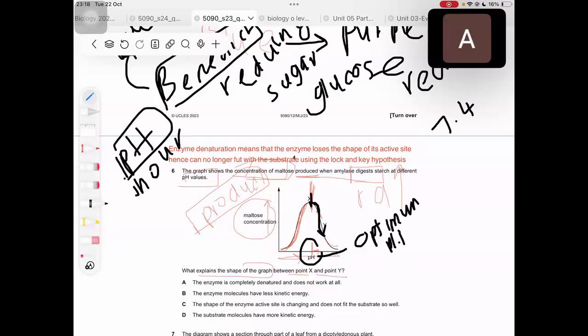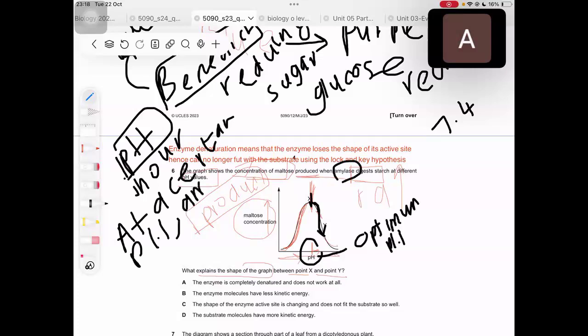That's because at a certain pH, the enzyme molecule, that means the amylase, changes its shape. The enzyme molecule changes its shape because of the effect from the high pH. When pH is increased above a certain value, that increase would affect the shape of the enzyme.